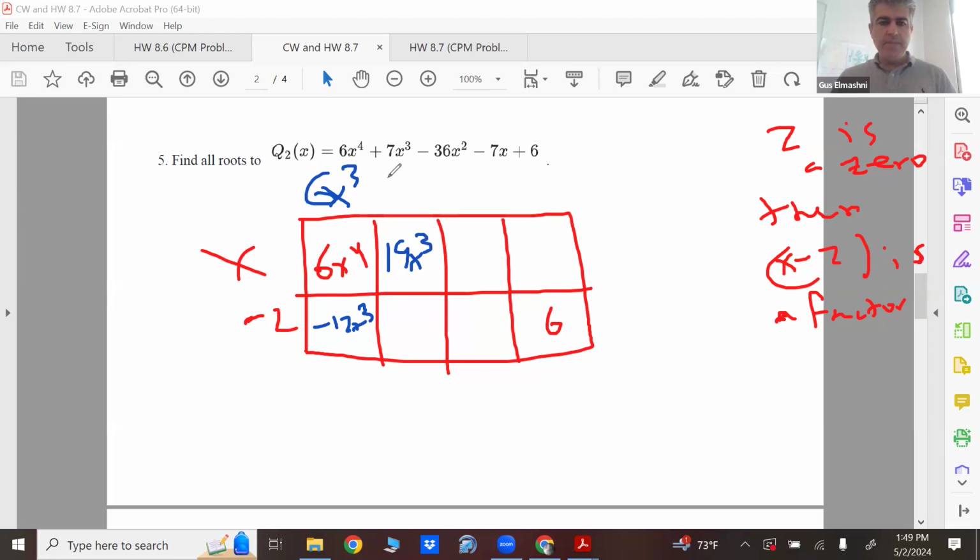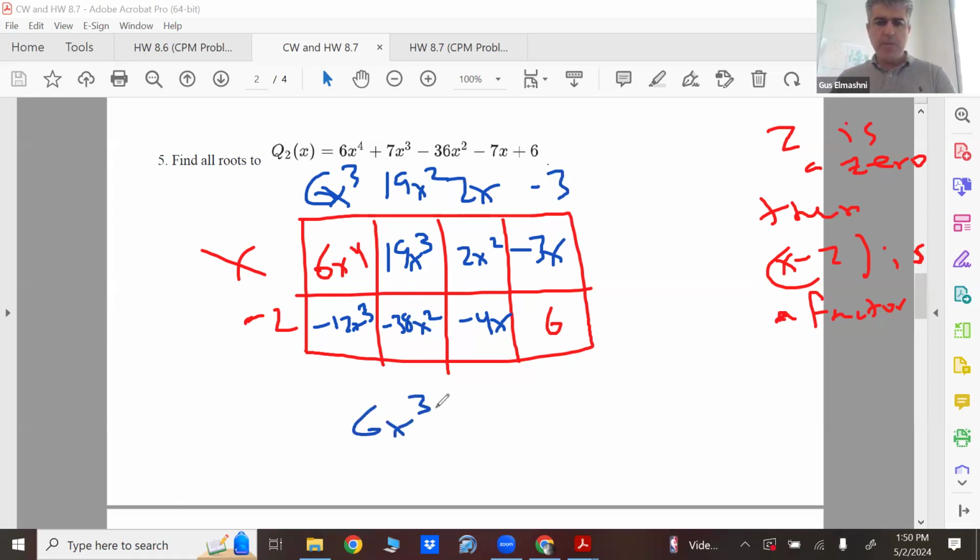So that's 19x squared, -38x squared. So you need a positive 2x squared here. 2x, -4x, -3x, -3. That all makes sense.